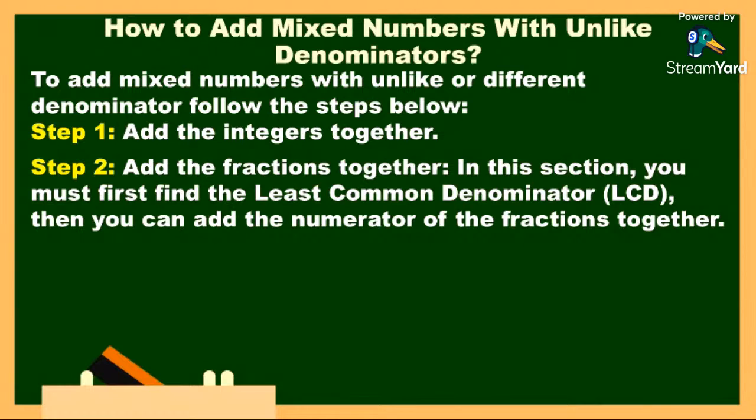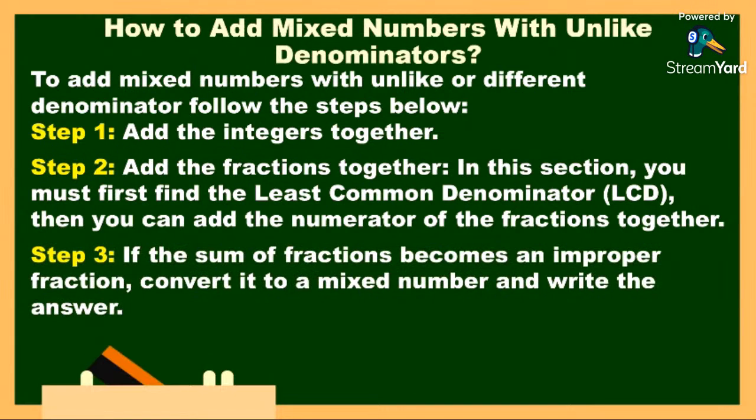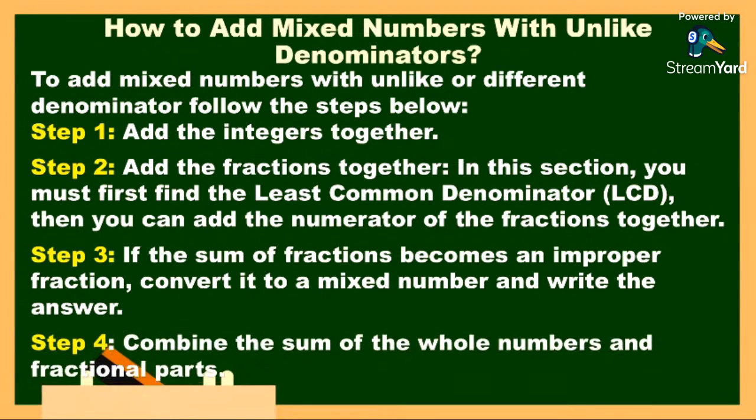In this step, you must first find the least common denominator or LCD. Then you can add the numerators of the fractions together. Step 3. If the sum of the fractions becomes an improper fraction, convert it to a mixed number and write the answer. And lastly, combine the sum of the whole numbers and the fractional parts.